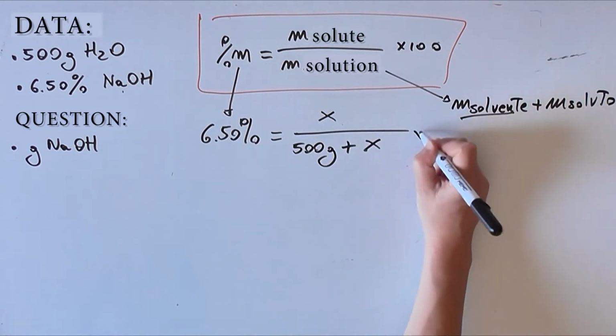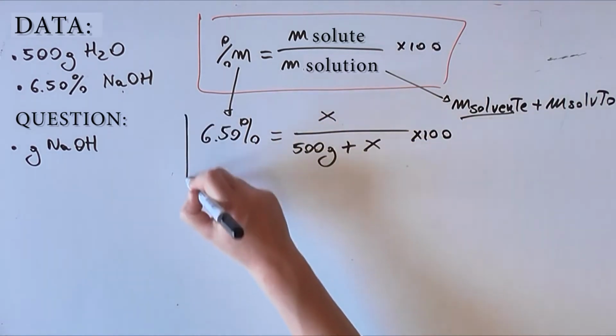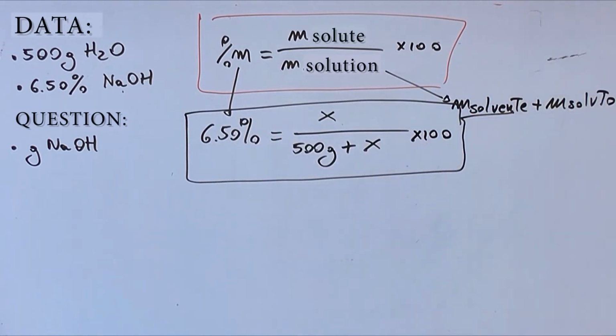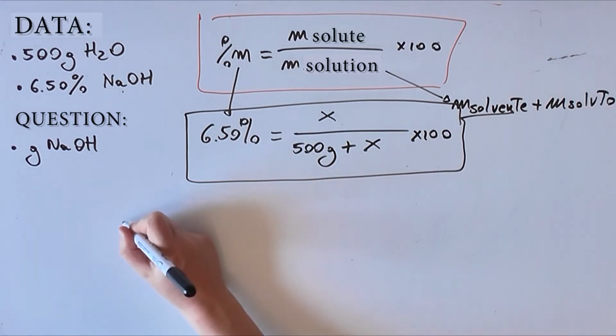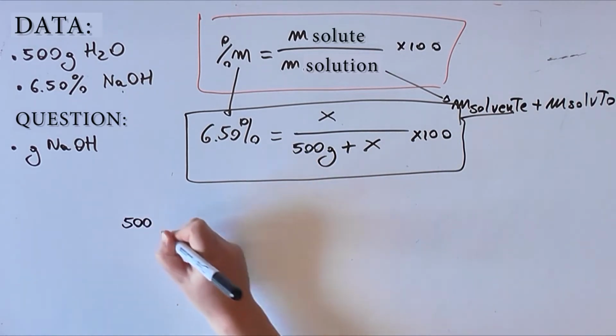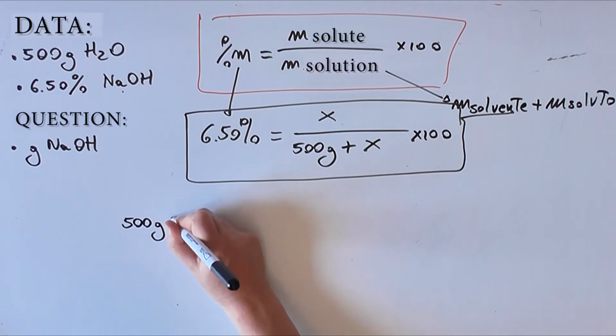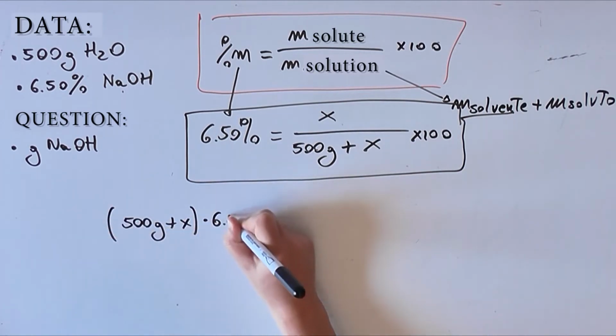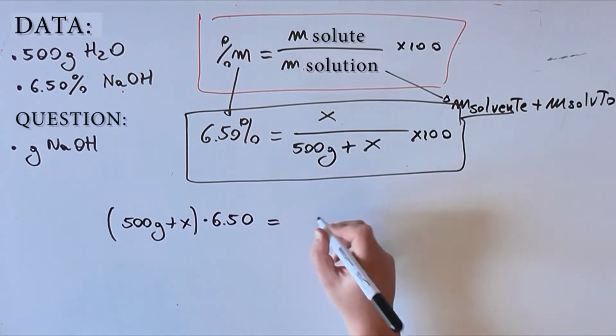Everything is times 100. So now we have to solve this equation, which is slightly more complicated, but it's anyway an equation with only one variable. Let's solve it. So 500 grams plus X in brackets times 6.5 equals 100x.